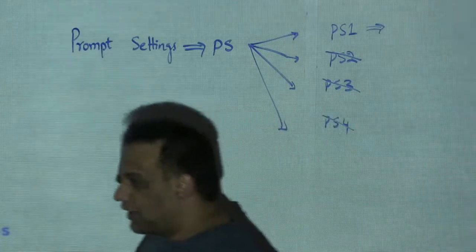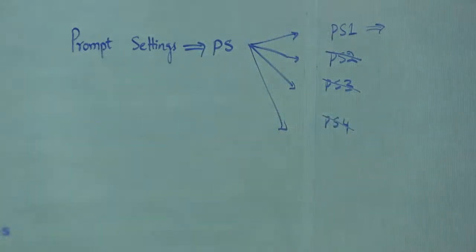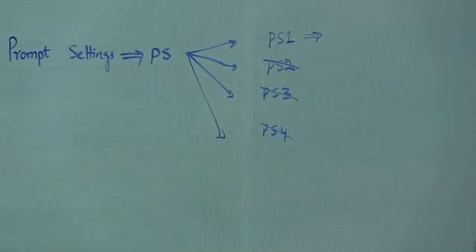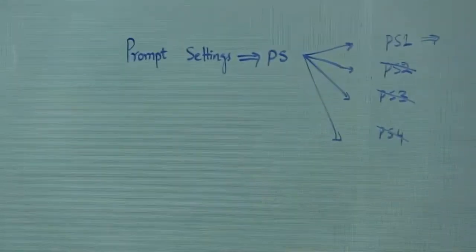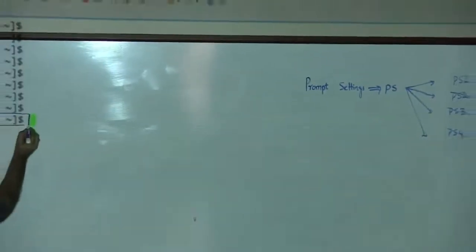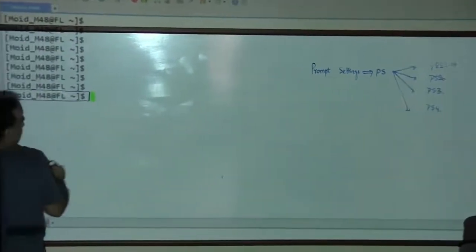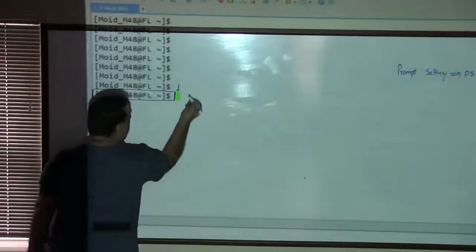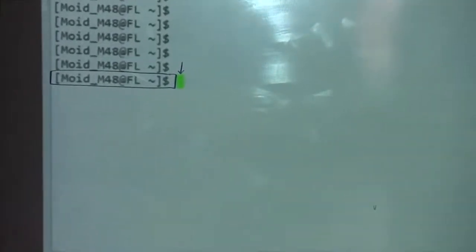Okay? Now, what exactly is the prompt setting? This is the prompt setting. Even the space in here, anything after the prompt setting is where you get the cursor back.